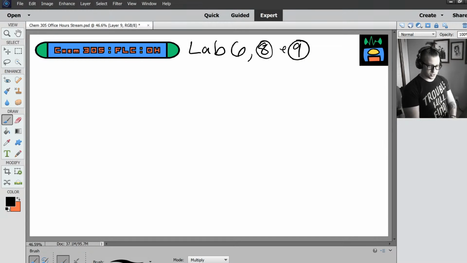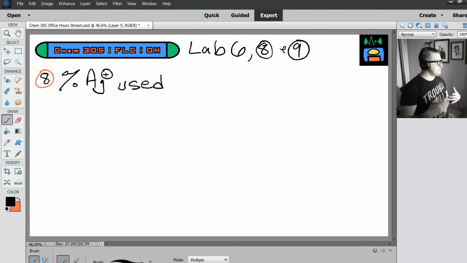Okay, so starting with 8. They want us to calculate the percent of silver used. And they actually tell us what the equation is for this.